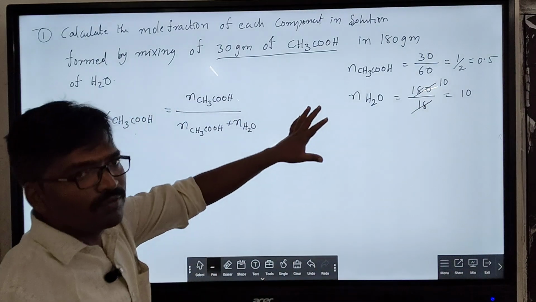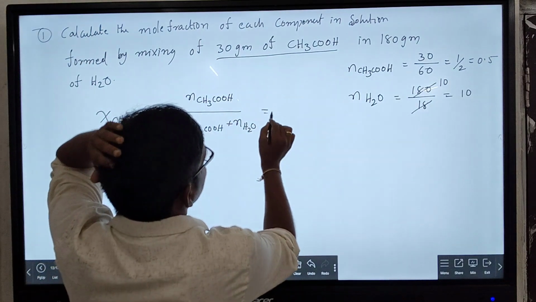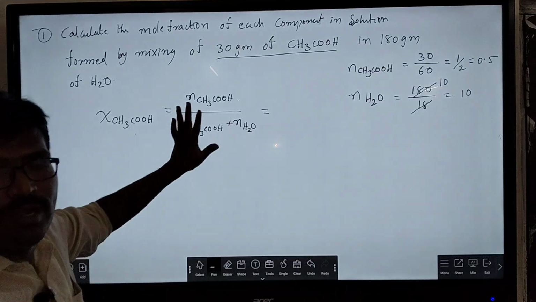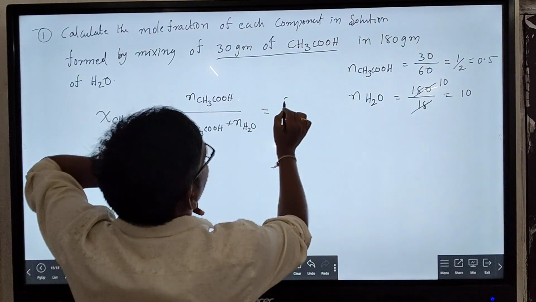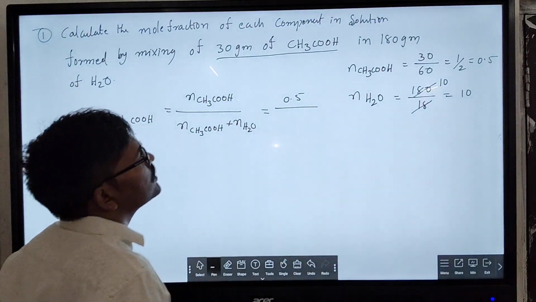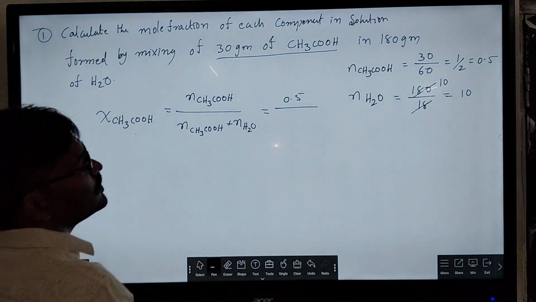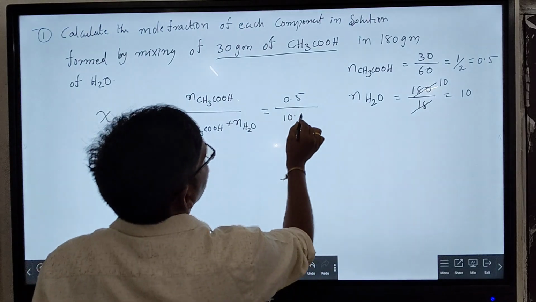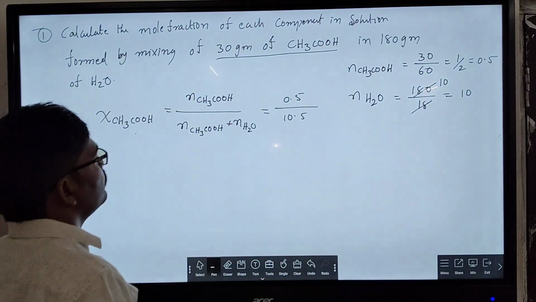So both moles are calculated. Now substitute. Number of moles of CH3COOH is 0.5. Total number of moles is 0.5 plus 10, that is 10.5.